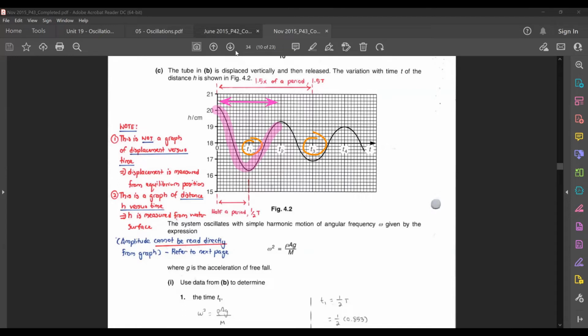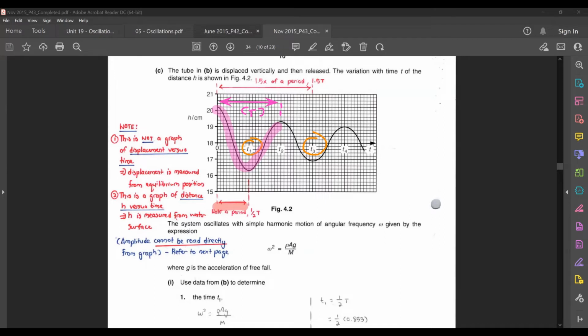This one here is one period T. Now T1 is just half a period.